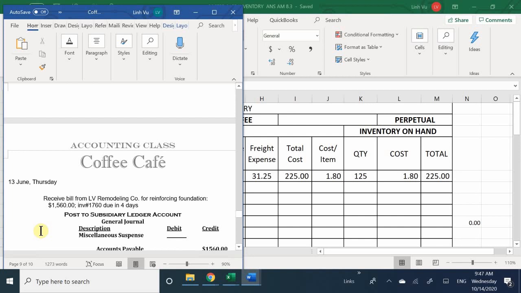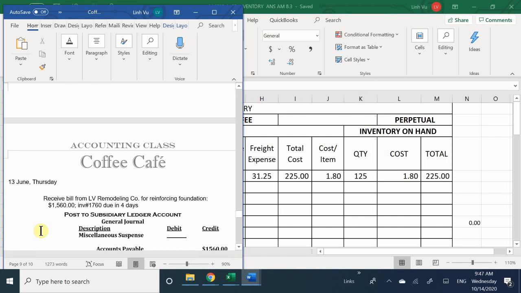Now, because we know that this foundation was meant for my coffee grinder, as of right now, where is my coffee grinder? Miscellaneous suspense. Correct. Yes, it's in miscellaneous suspense right now.